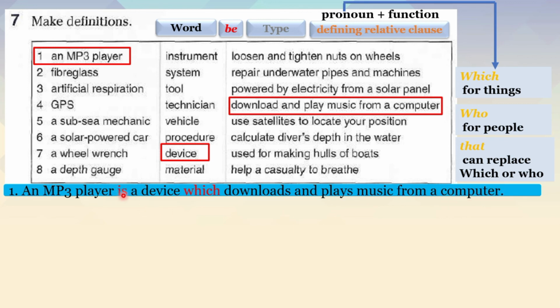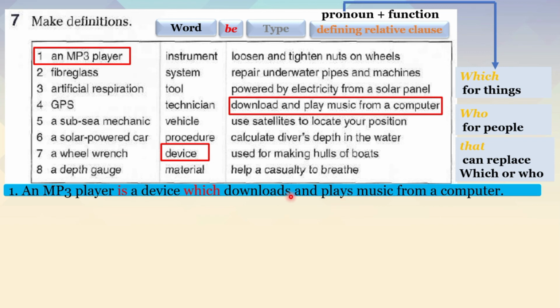Our verb to be is here is because our word is singular. And the relative pronoun, which, is because an MP3 player is a thing. And make sure to use the correct forms of the verbs.